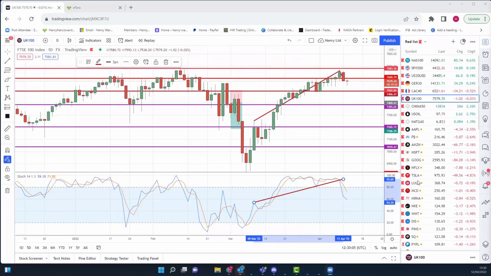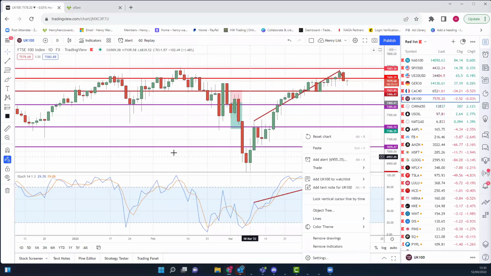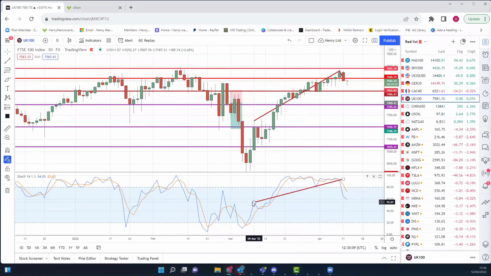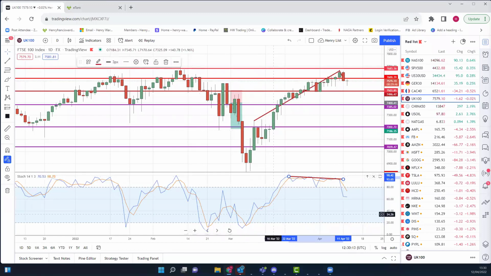We have to make sure we're looking at the right places. Now, where can we go to look for those highs? Now, what we've spotted here is not wrong. So where can we go to spot these highs?